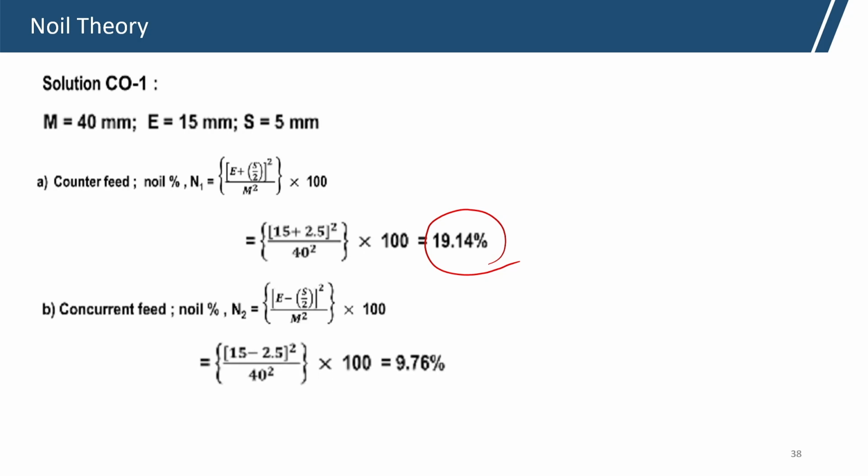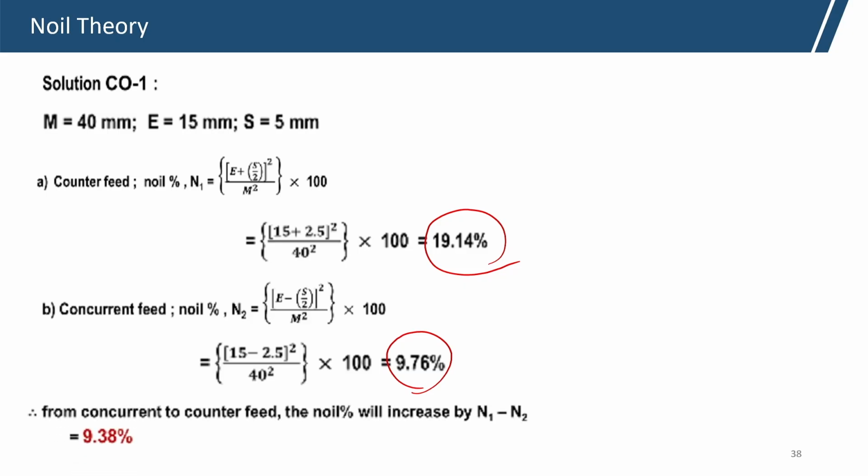So, as per this formula, we are using E as 15 and S by 2 as 2.5, this becomes 9.76. So, the difference would be 9.38.